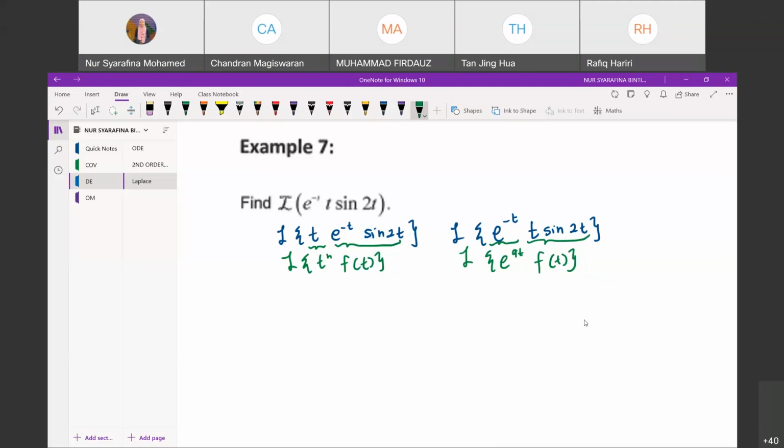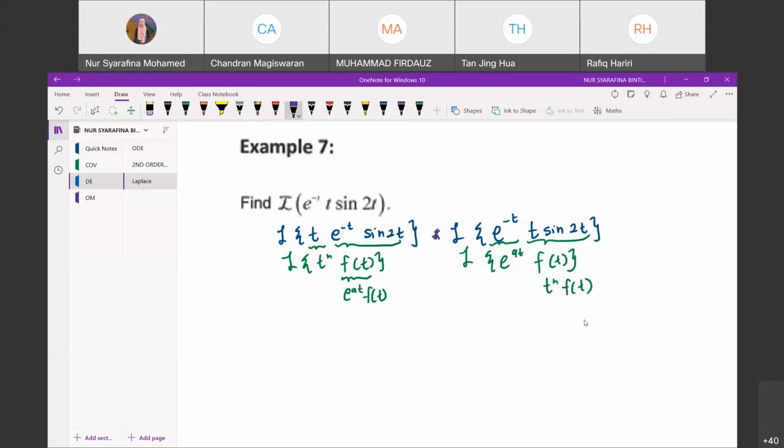This f(t) is in terms of exponent at f(t), and this f(t) is in terms of t^n f(t). So how can we do it? Just use one. Let's try the original arrangement.